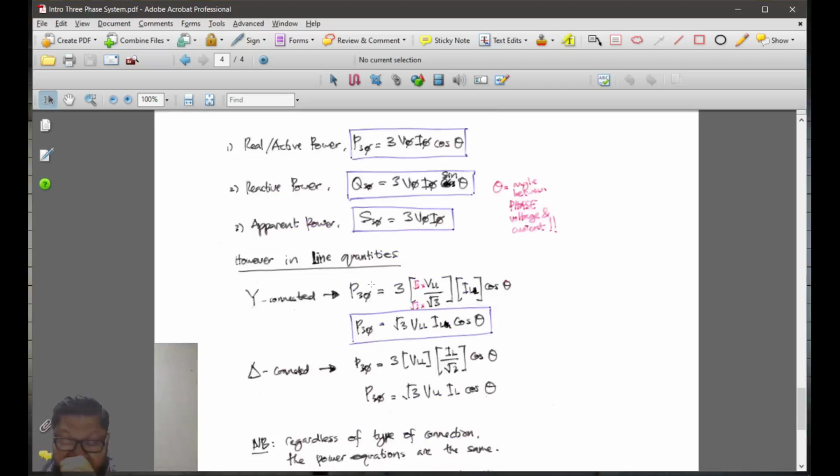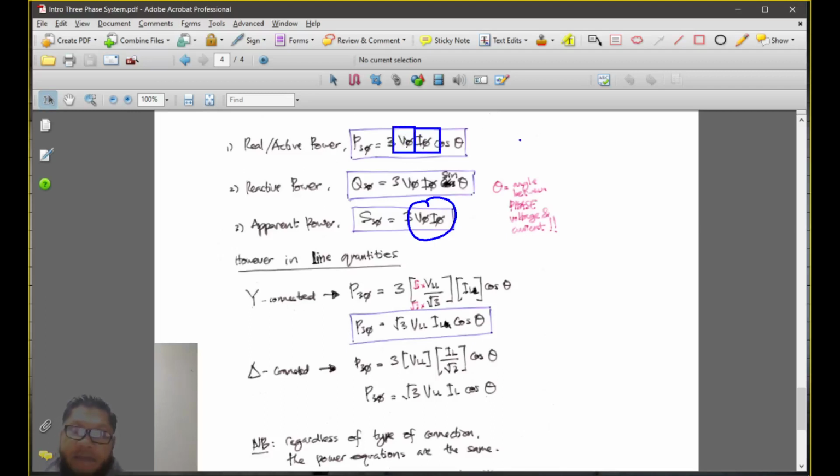Therefore, you can convert that. If you want to represent it in terms of line quantities, this is phase quantities. If you want to put it in line quantities, you simply replace either V phase or I phase depending on the connection. If it's Y connected, you change the V phase, because we know that for a Y connected system, V line to line equals root 3 V phase.